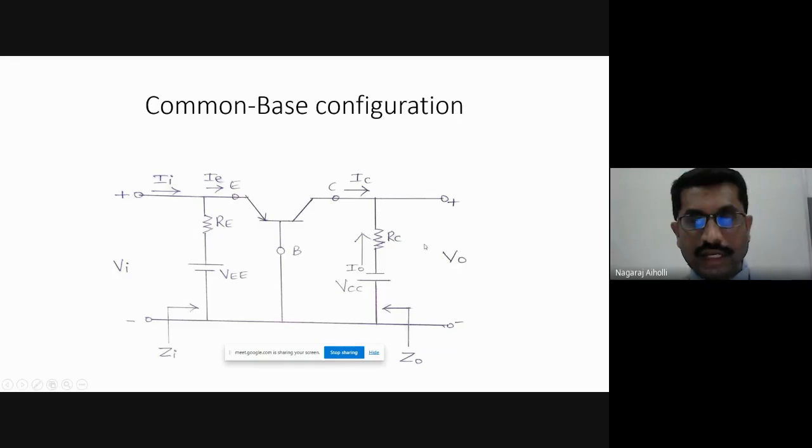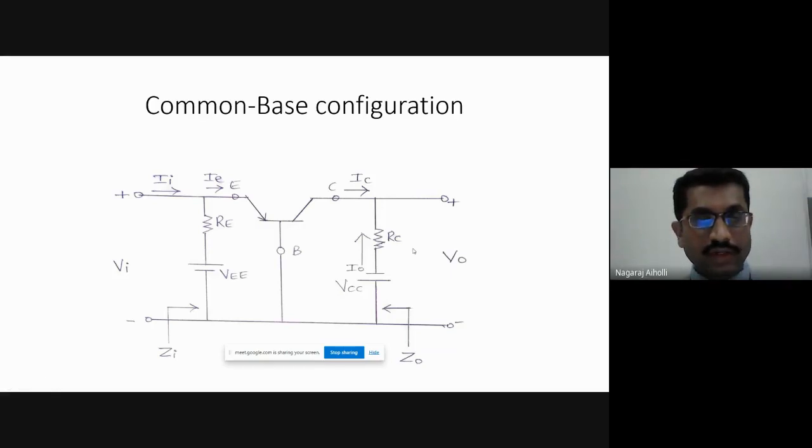Therefore the output resistance ro is not considered in the common base configuration circuit, because in common base the output resistance ro is in terms of mega ohms, which comes in parallel with the collector resistance RC, and hence the equivalent resistance is equal to the smaller value, that is RC. Therefore the output resistance ro can be neglected. Are you getting the point here?